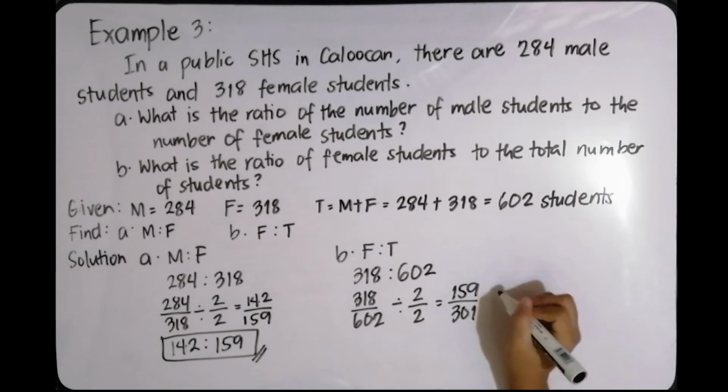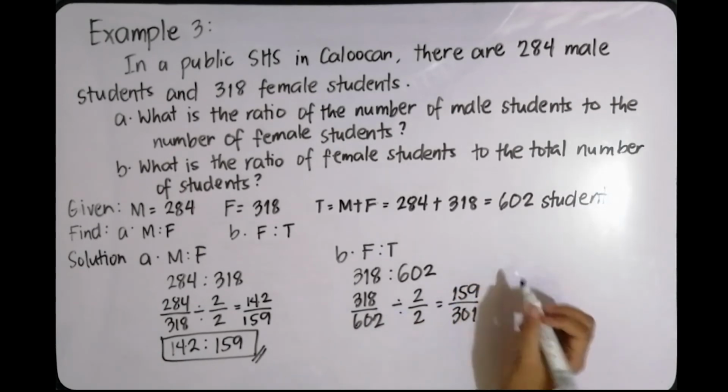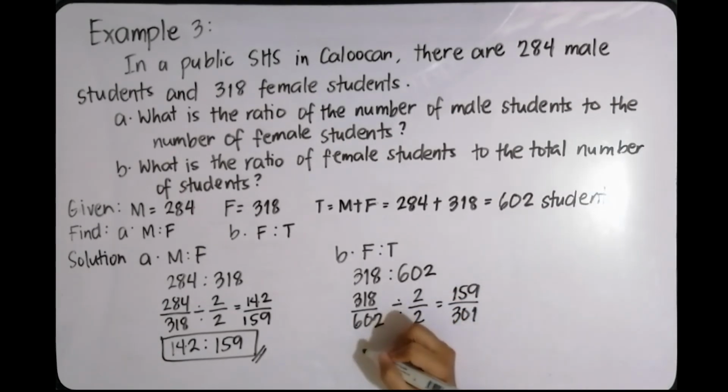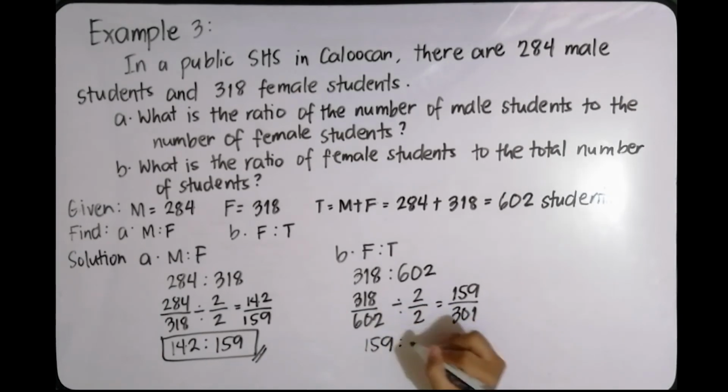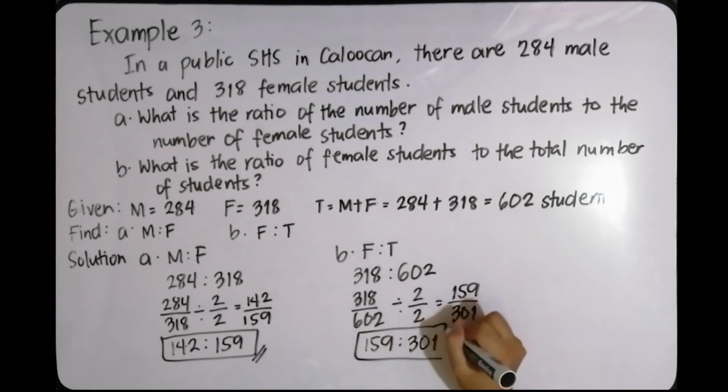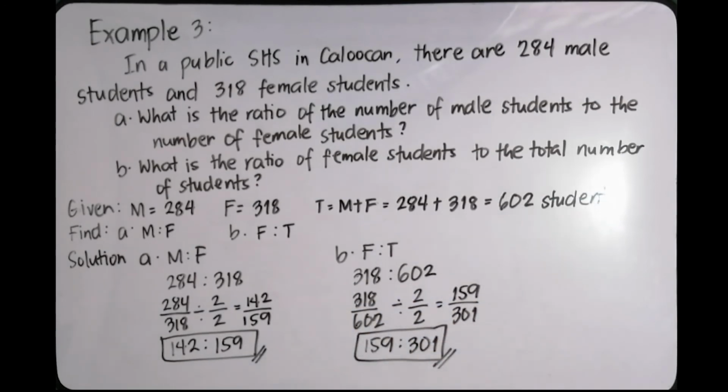We don't have any more divisor to divide the numerator and denominator. So our ratio for female students to the total number of students is 159 is to 301. So this is our ratio.